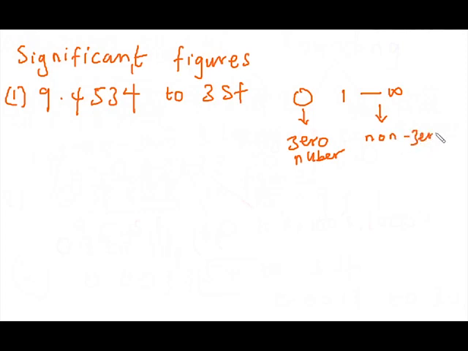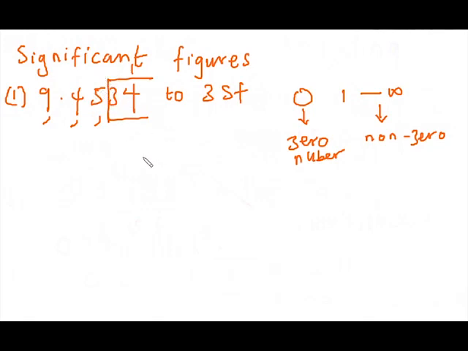So you need to start counting from the first non-zero number. Here, the first non-zero number is the first number, so we count 3 of those: 1, 2, 3. All other numbers apart from these 3 have to be eliminated, but we pick the first of them and round it and then add it to this number.